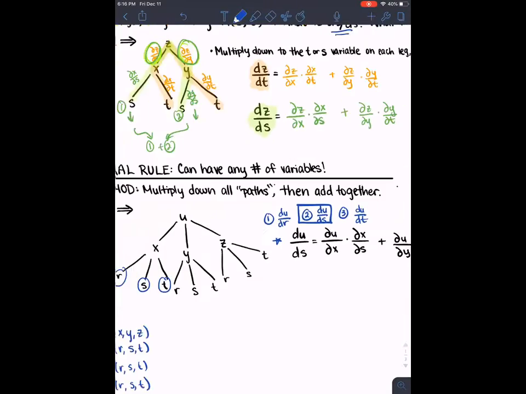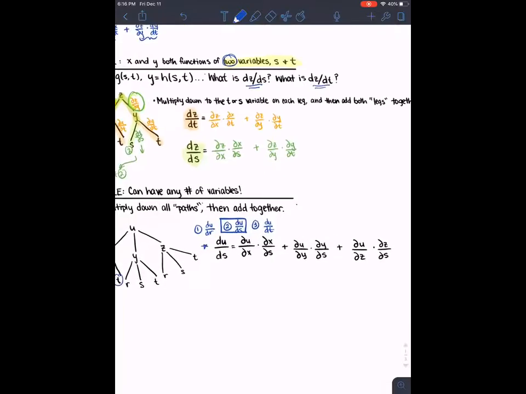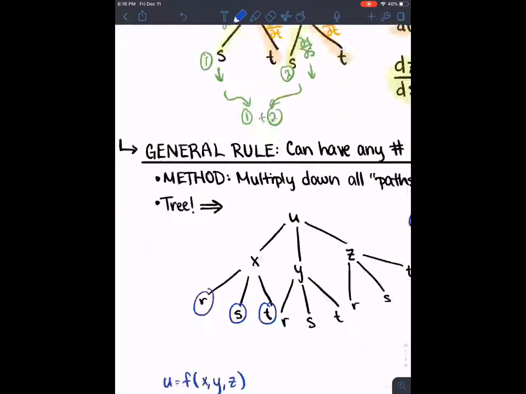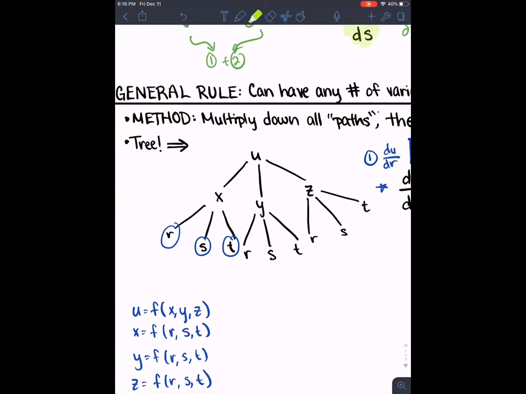So for du ds, I've already multiplied it out here, but maybe we can fill in the tree part. So here we have du ds. How do we get there? Well, like I said, follow one fork. If we follow the x fork, we want to get to du ds, so we go down where it takes us to s. If we follow the y fork, we do the same thing to s, and the z fork, we get to s as well.